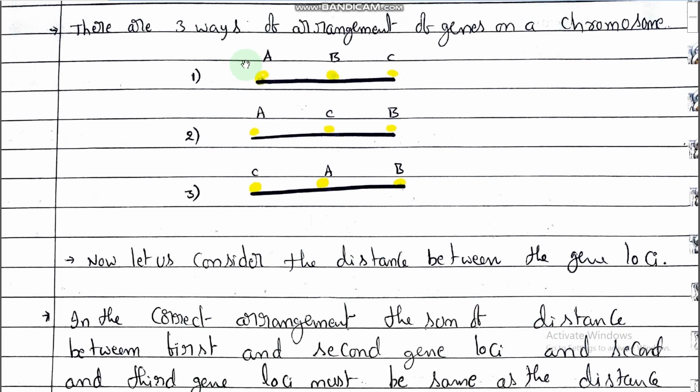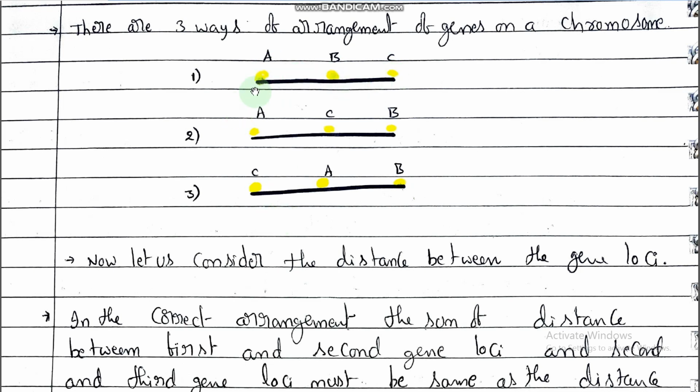Let us take the first scenario. The distance between A and B, let us consider 10 map units. The distance between B and C, 10 map units, for example. So what is the distance between A and C? 10 plus 10, 20, right?